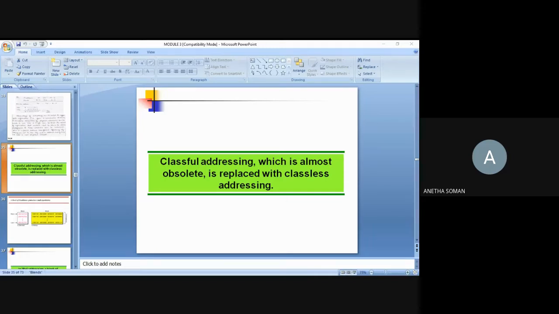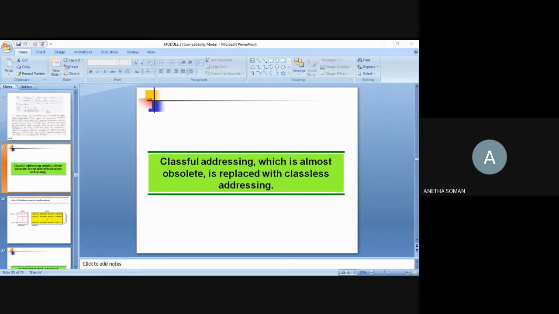So in the 1990s, internet service providers became famous. They are the organizations that provide internet access for individuals as well as for small business organizations. They announced a new architecture called classless addressing. I told you classful addressing is obsolete now, so we are in the classless addressing mode.